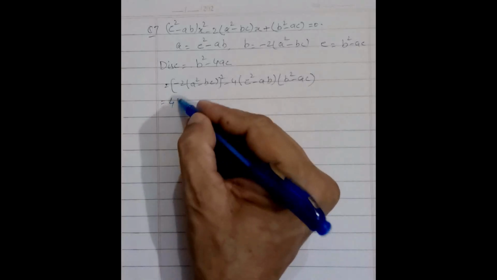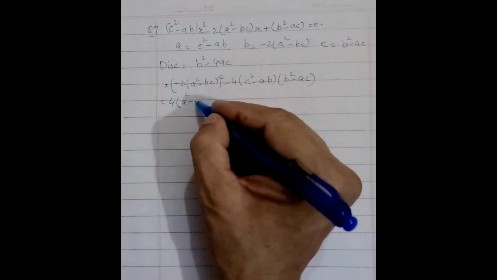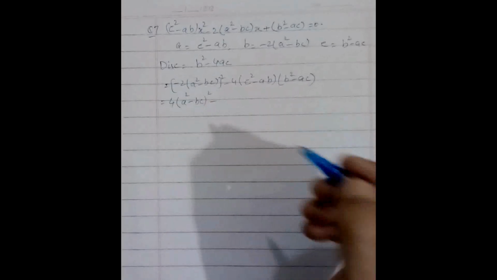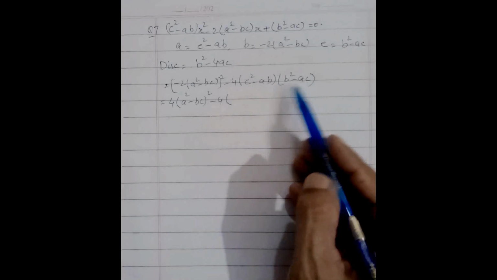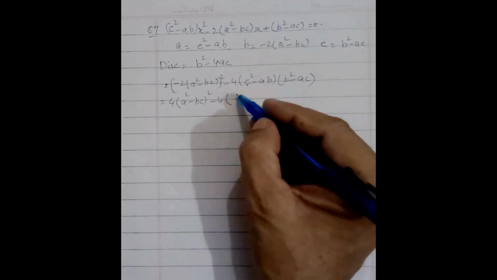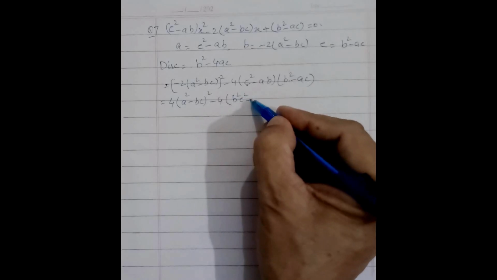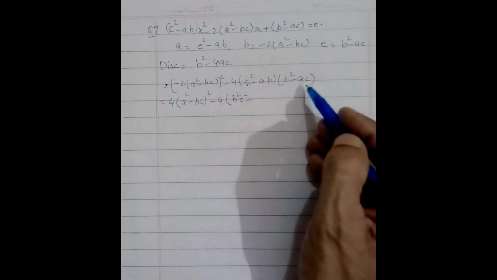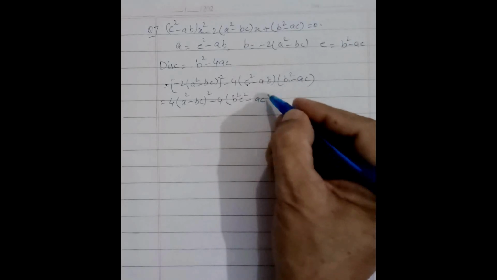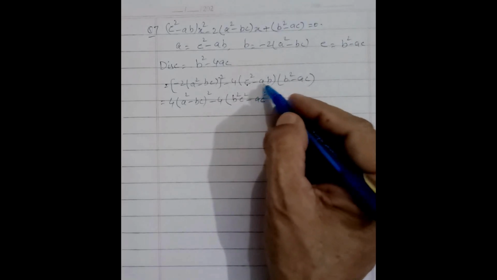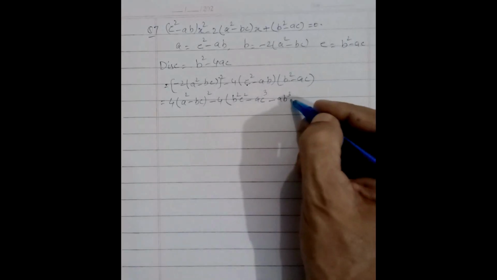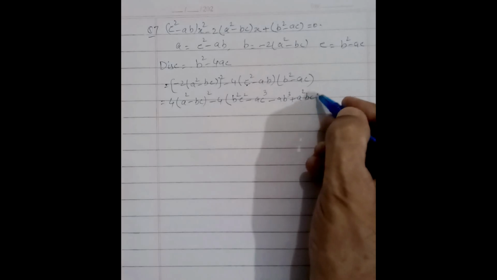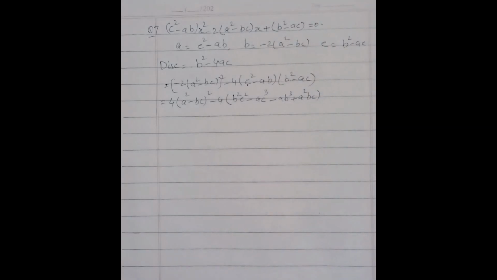We get 4(a² − bc)² − 4 into, we multiply these two values: we get c² into b², we have b²c², minus c² multiplied by ac, we have ac³, minus ab multiplied by b², minus ab³, minus ab multiplied by minus ac, plus a²bc.